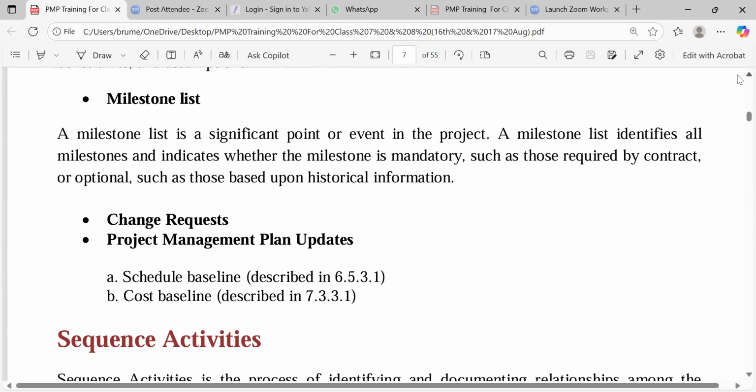Milestones are events on our projects. They do not specifically have time duration. They can be mandatory, maybe imposed on the project by the sponsors. These are events. Somebody who is paying you would say, if you're done with the foundation, we will pay you 30%. That is a milestone.